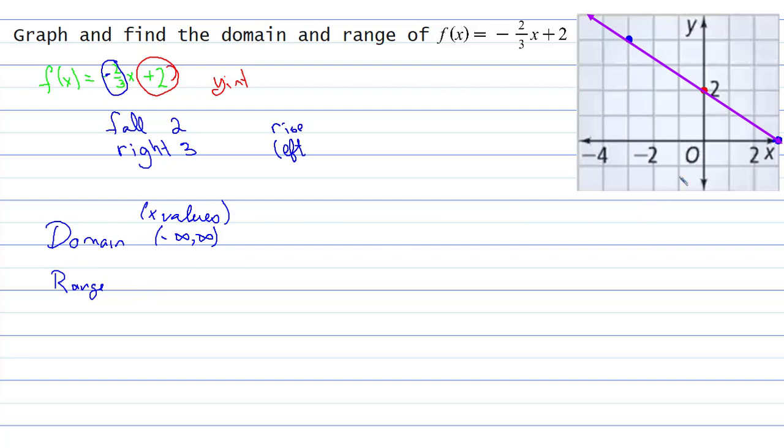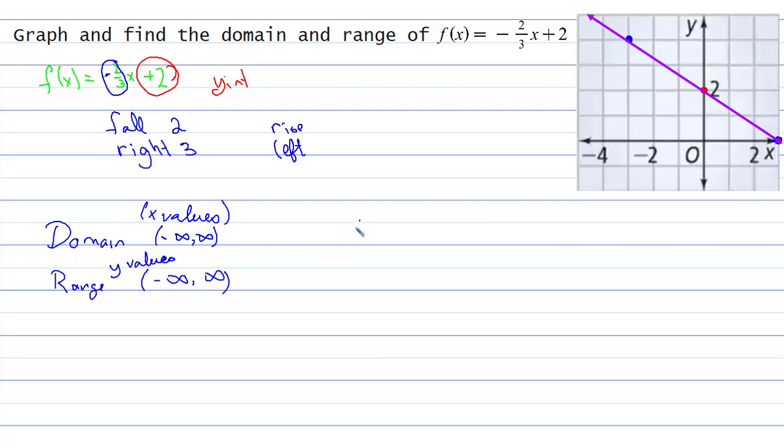Now let's think about range. There's nothing stopping it going down, and there's nothing stopping it going up. So again, if I'm looking at my y values, my low point is negative infinity, my high point is positive infinity.